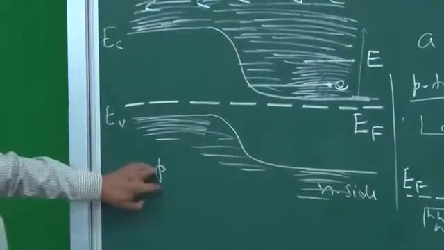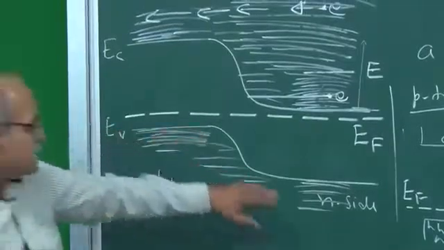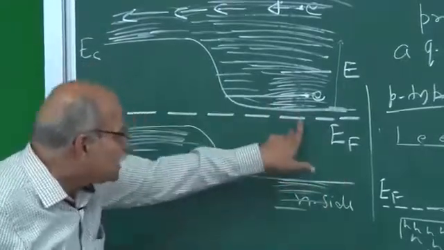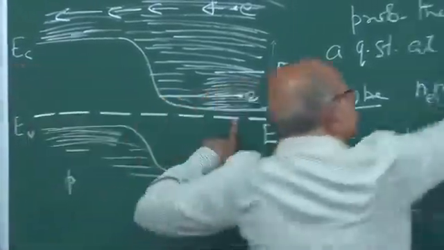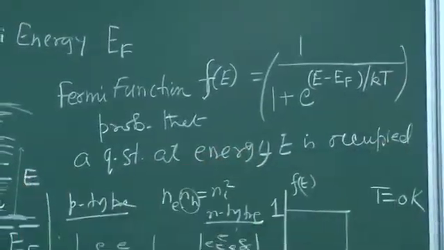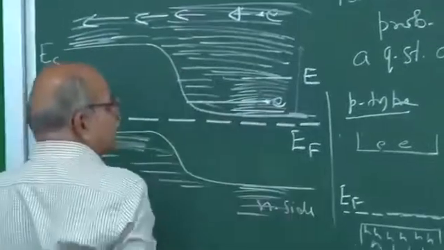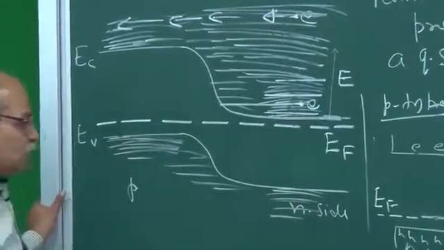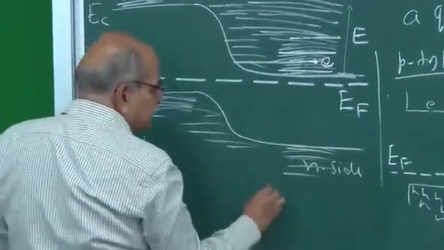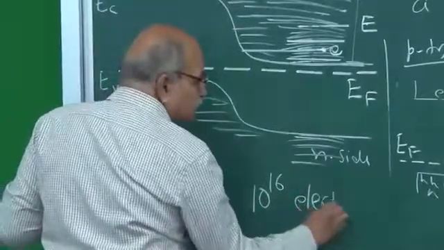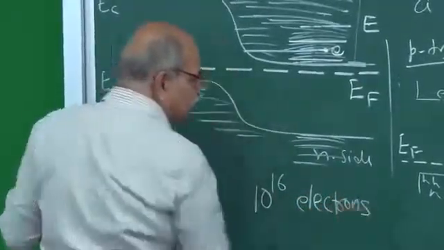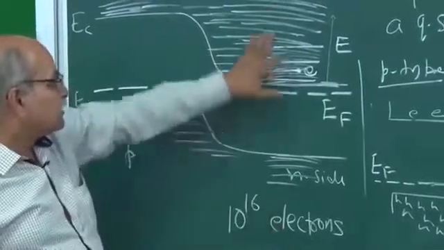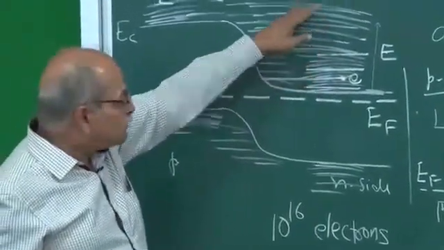For p type it is close to the valence band edge, for n type it is close to the conduction band edge, and so on. Once you know this EF, you can calculate the probability of this quantum state being occupied, and this one, and this one. Say you have 10 to the power 16 electrons per centimeter cube in this band, conduction electrons from doping.